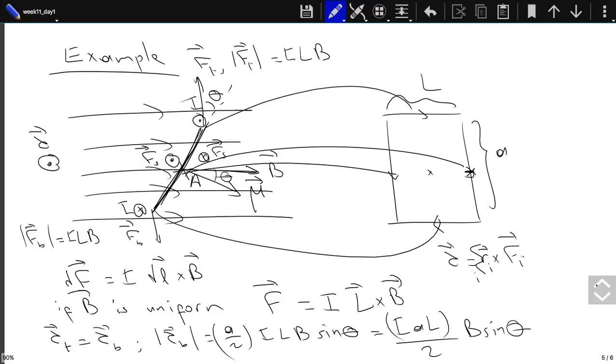The torque just tries to rotate mu in the direction of B. If it was like this, then again the torque would just try to rotate mu in the direction of B. So the torque is always such that it will try to align the magnetic moment with the magnetic field. The magnetic moment will be aligning with the magnetic field.